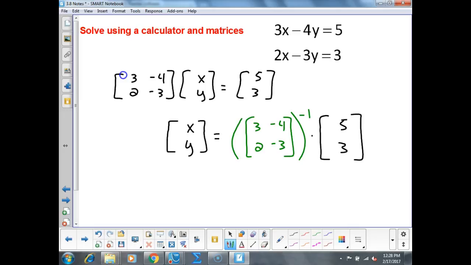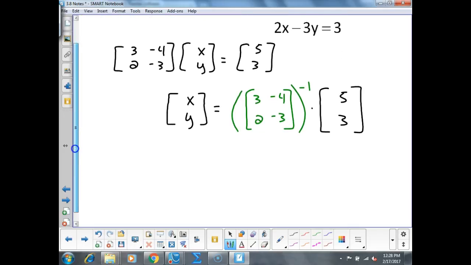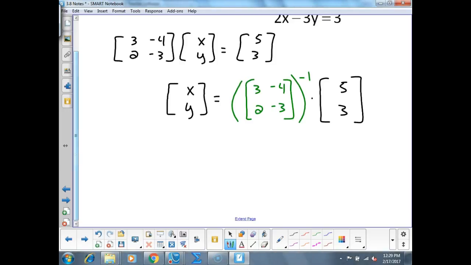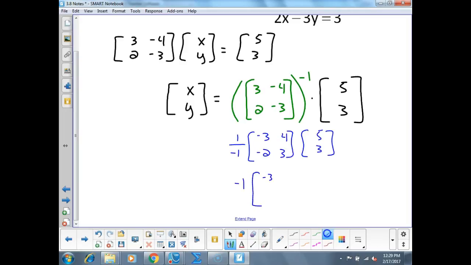Okay. If you're doing it on the graphing calculator, actually here, let me just do one step at a time here. So this would be 1 over -1 times -3, +4, -2, +3 times 5/3. So that's -1 times -3 times 5 plus 4 times 3, -2 times 5 plus 3 times 3.